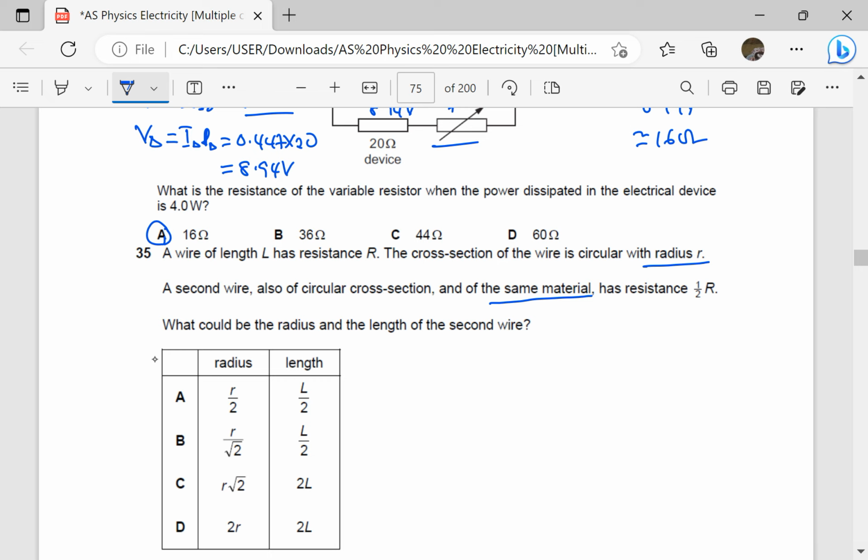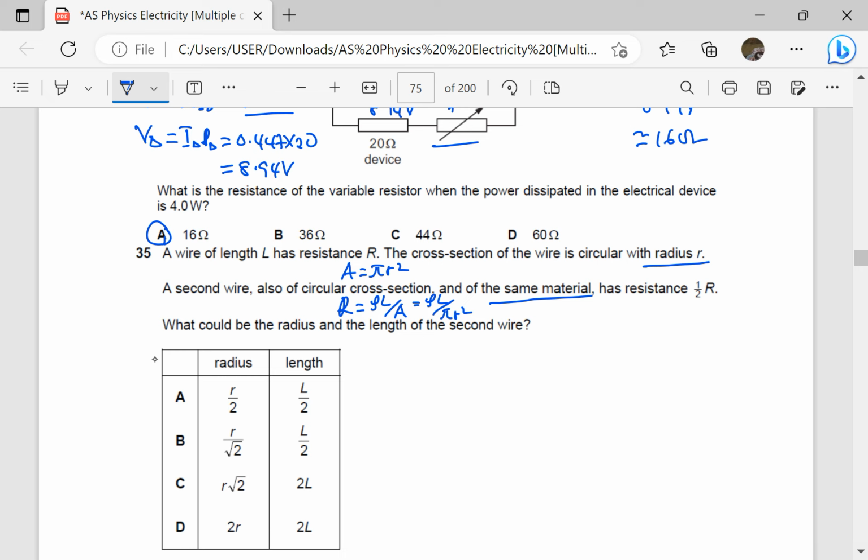Okay, let's begin with the area. We know that area is going to be pi r squared. They give us the radius, so the area is pi r squared. And we know that resistance is going to be rho L over cross-sectional area, so this is rho L over pi r squared. So let's have these two equations. For the first wire, I'm simply going to make resistivity the subject.